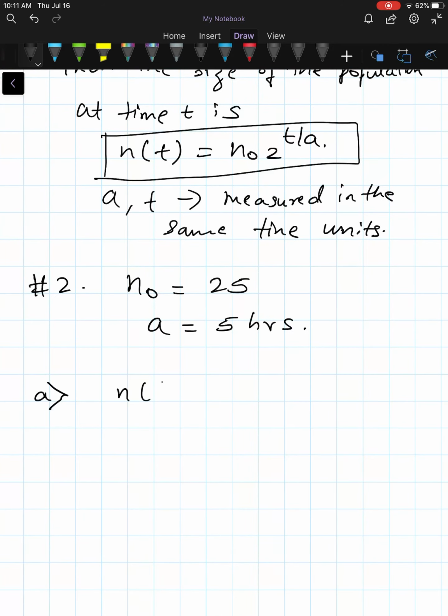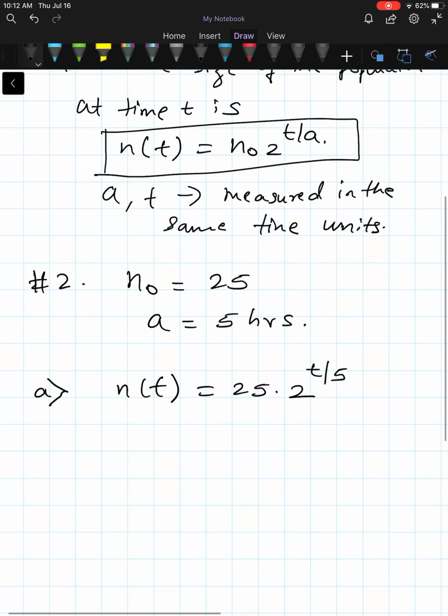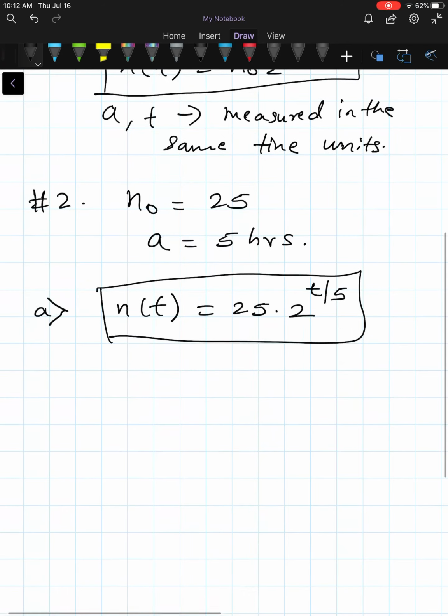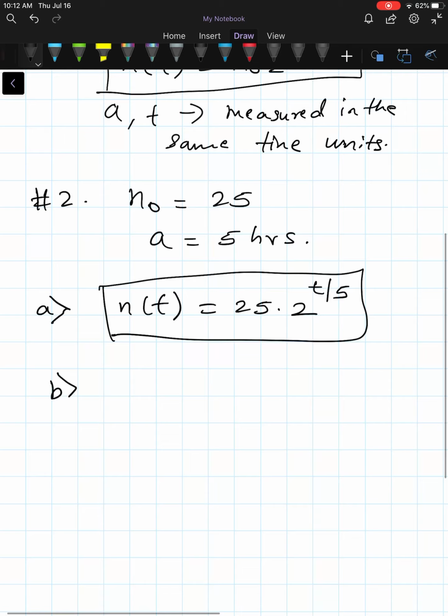So we just plug in all the data that we have. N0 is 25, so N of t equals 25 times 2 to the power of t over 5. This is the model for the given problem. Second, we are asked to estimate the number of bacteria after 18 hours.